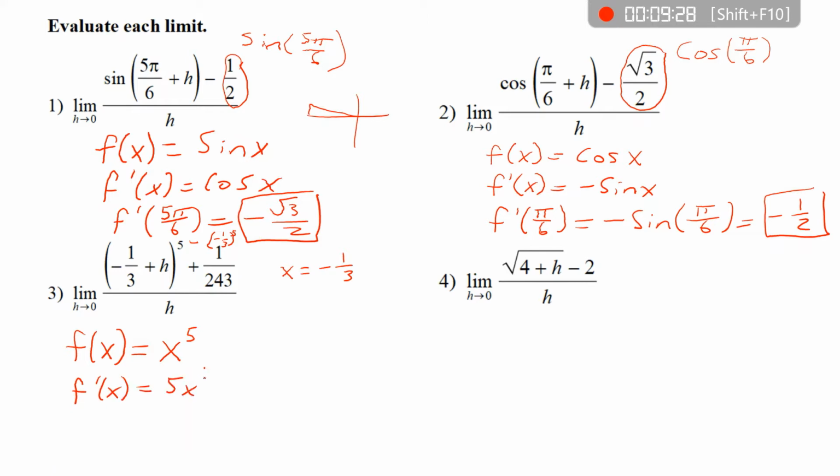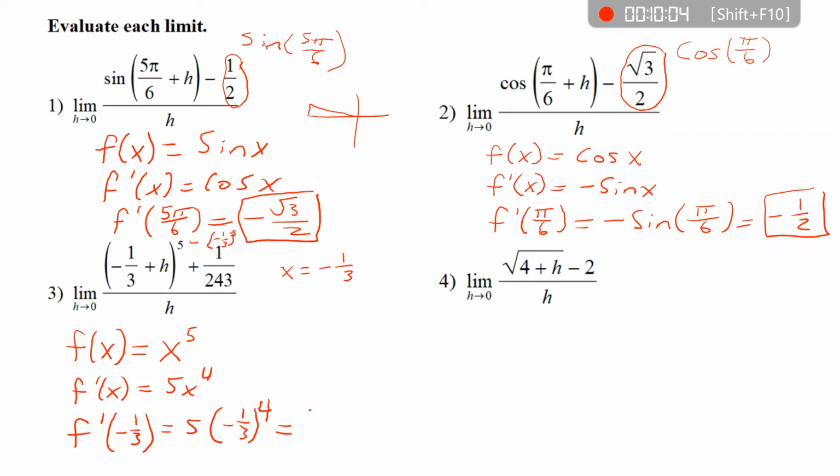5x to the 4th power. Okay, and we're going to plug in our x value. What's our x value? Negative 1/3. Okay, so I've got 5 times negative 1/3 to the 4th power. What's negative 1/3 to the 4th power? Is there an easy way to do it?